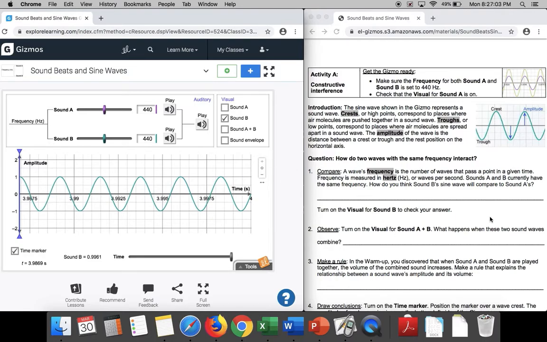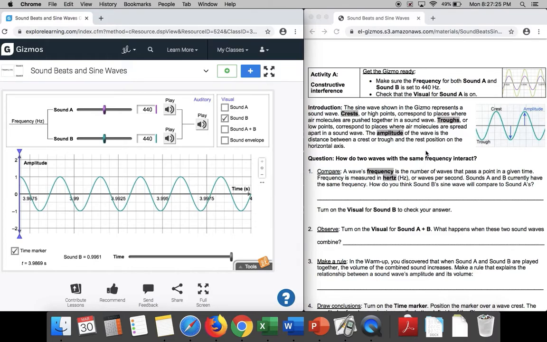All right, so if we look, sound A and B currently have the same frequency. So how do you think sound B's sine wave will compare to sound A's? When they say sine wave right here, it's just this picture of a sound wave. That's what they're referring to. So if they have the same frequency, how do you think their waves are going to look?